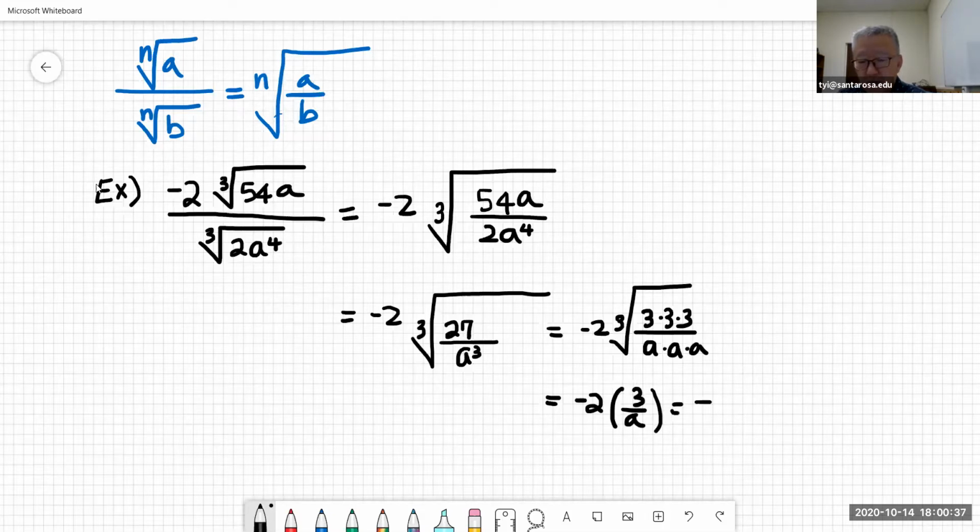Okay, so the answer is going to be minus 6 over a. So combining the radicals into one radical sometimes helps us to simplify some of the complicated problem into a more easy one here.